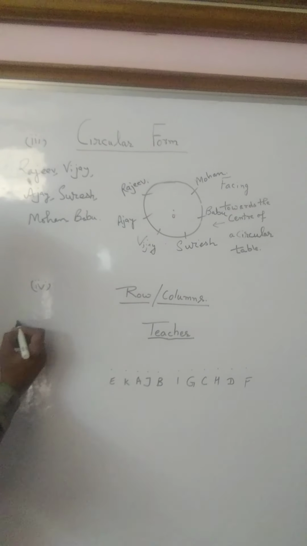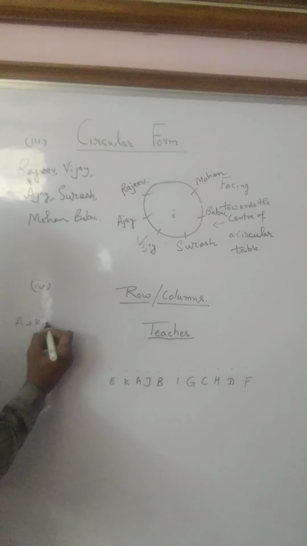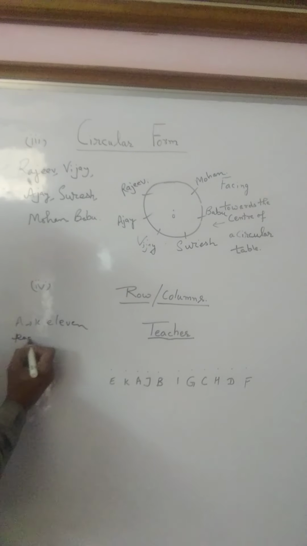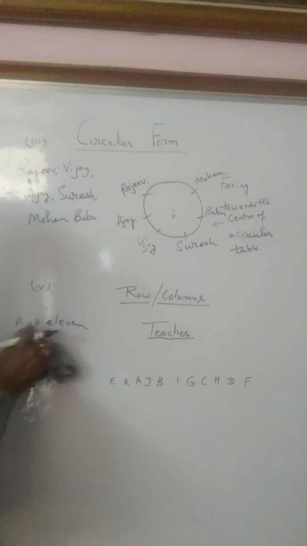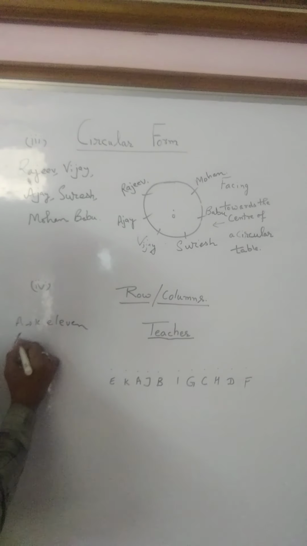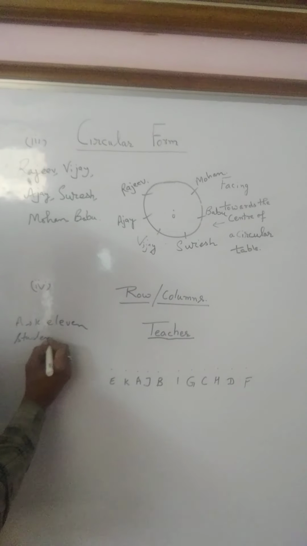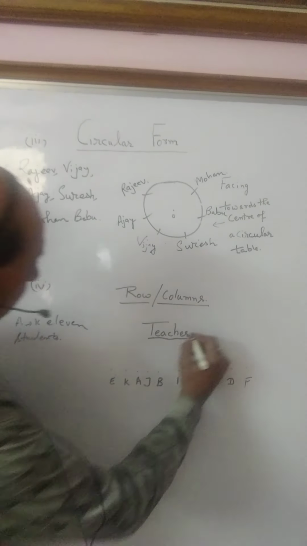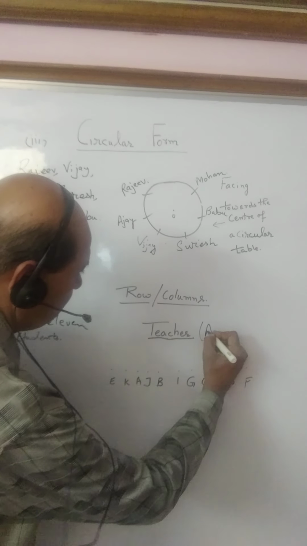A to K, 11 teachers or 11, you can take students, were made to sit in front of a teacher A. Let us see.